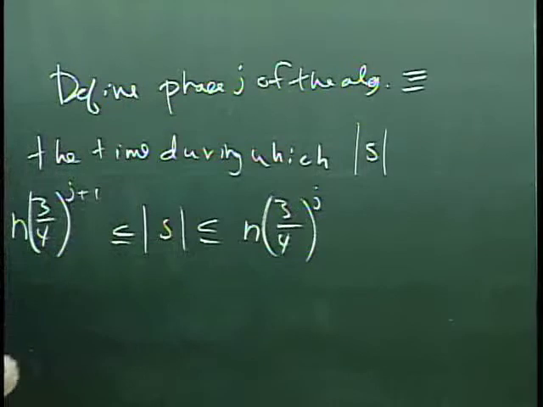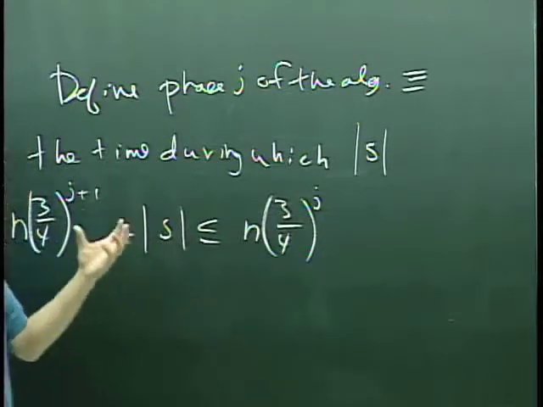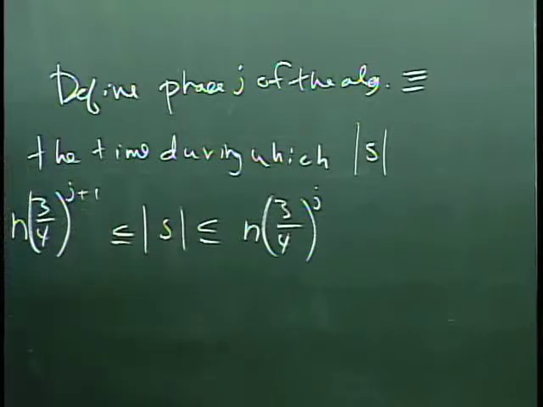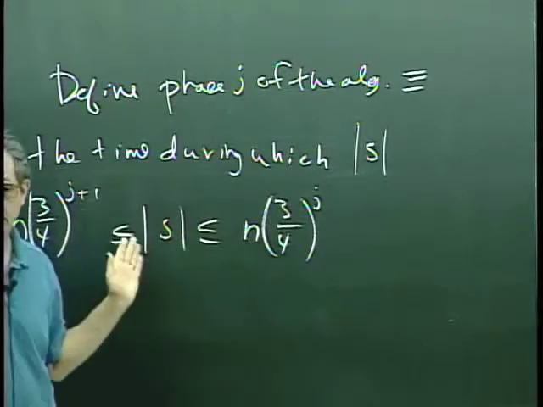Since 3/4 is less than 1, (3/4) to the j plus 1 is smaller than (3/4) to the j. So the size of S is getting smaller and smaller as the algorithm proceeds, and there may be some time during the algorithm when the size of S is in this range.